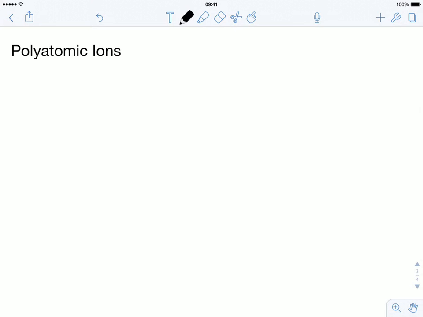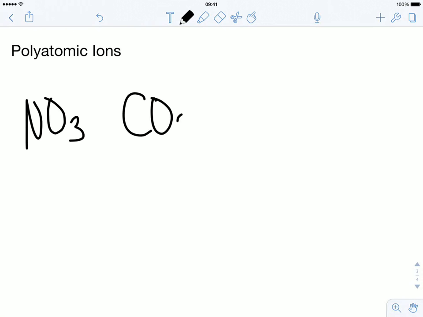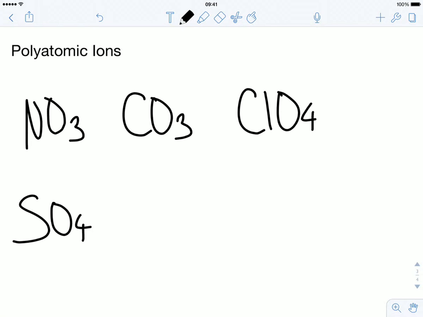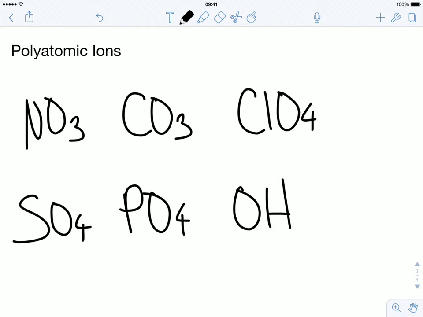Some examples of polyatomic ions would be NO3, CO3, ClO4, SO4, PO4, OH, and etc. In your textbook, there is a table, table number 2.5, and that table contains all of the polyatomic ions that you are supposed to have memorized.